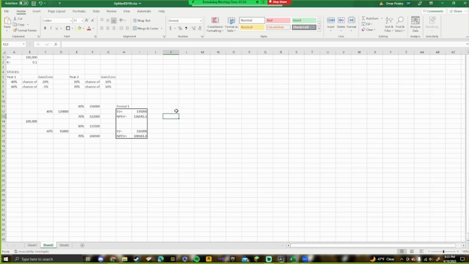Now, next step, which is pretty much last step for this, like the stocks area, is now period 0. Now, period 0 also has its own EV and NPEV. Now, the NPEV equation for period 0 is the same as here, but the EV equation is different.